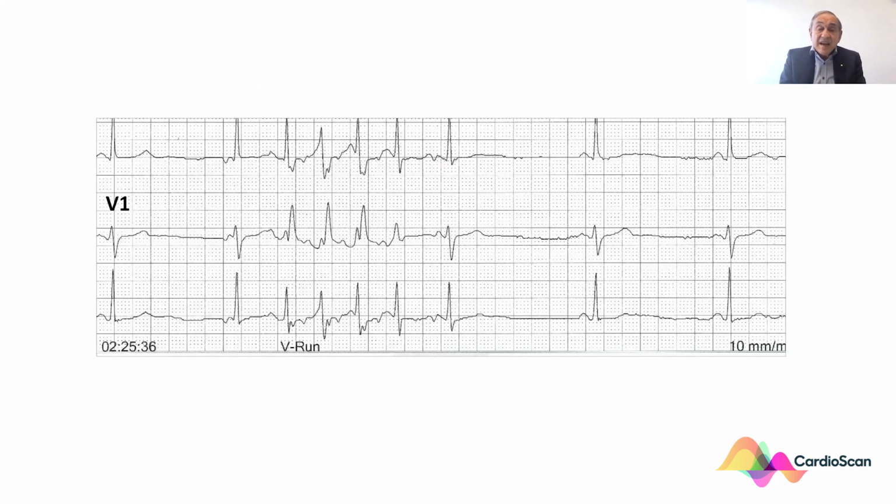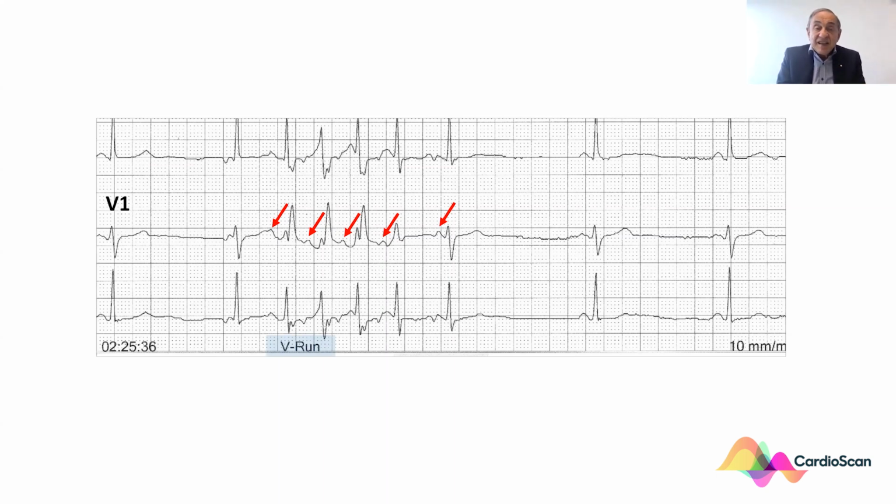Here is a series of QRSs which can frighten the observer. You can see that it is V1. It's a right bundle branch block configuration with an RSR, and we can see that it's been called a ventricular run or ventricular tachycardia.